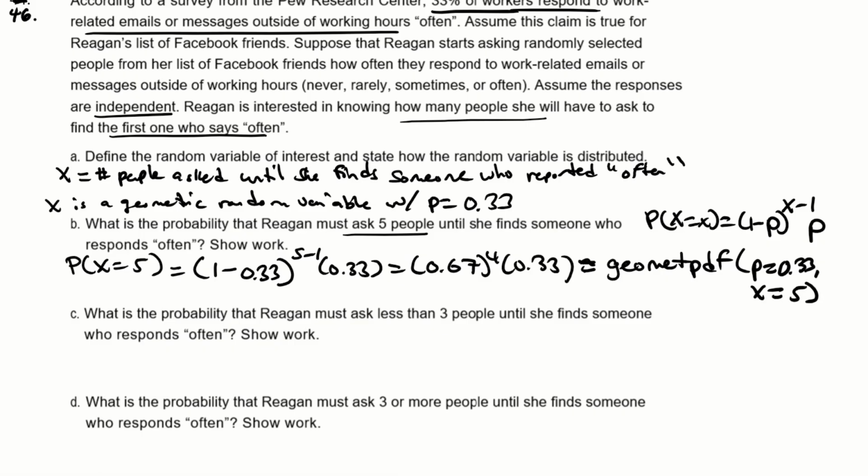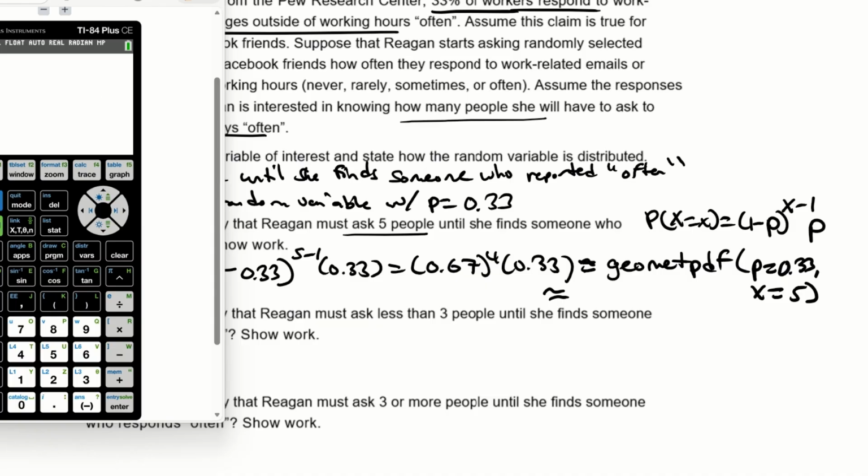Let me show you the geometpdf function on the calculator. We're going to hit second vars, and we're going to go to the very bottom of the list, so we get to geometpdf. We want PDF, guys, because we're dealing with only one value of X, not less than or equal to.